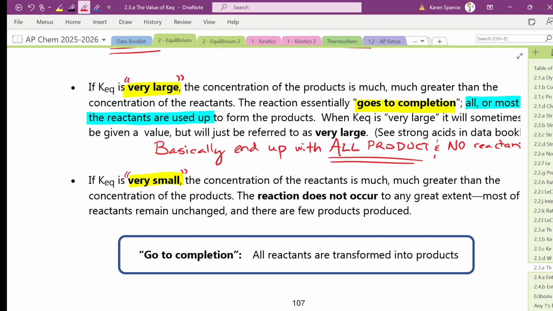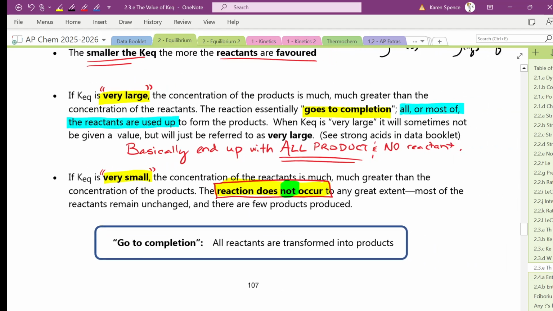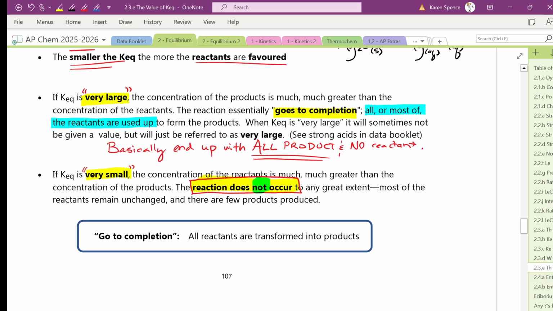In other words, the reaction basically does not occur, at least not to any great extent. Most of the reactants remain unchanged, and there are few products produced. In other words, this would be a situation where we have no reaction.